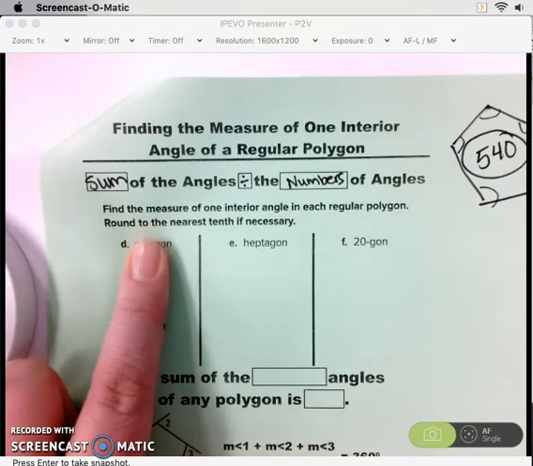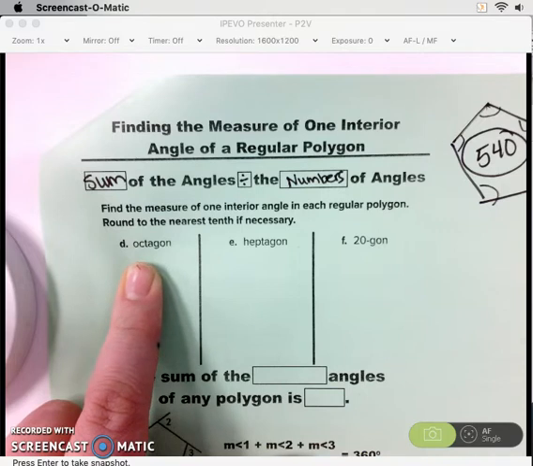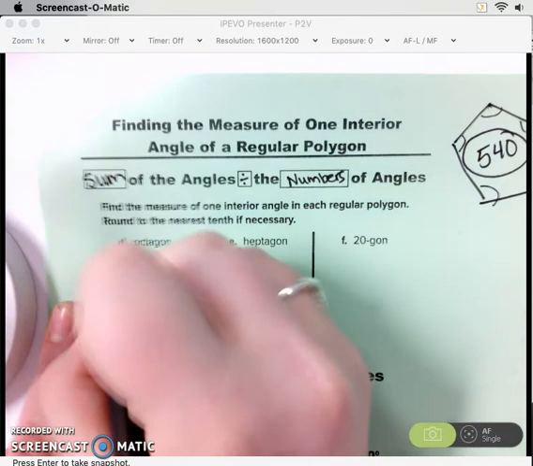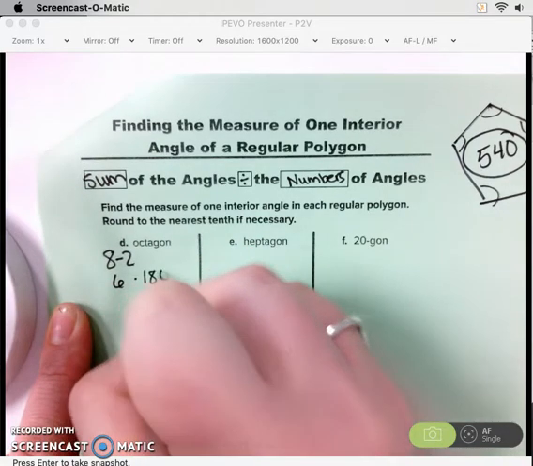So we start by finding the sum of the interior angles. Octagon, again, you have to find the sum of the interior angles of an octagon. So we would do 8 minus 2, which is 6, and multiply it by 180.